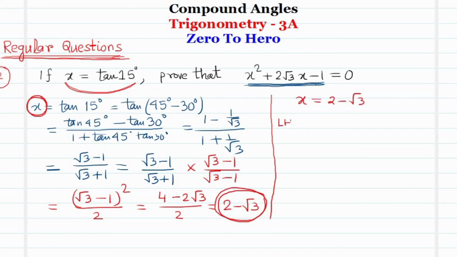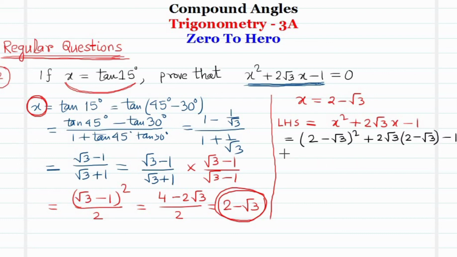And what is the left hand side here? X square plus 2 root 3x minus 1. We need to prove that it is equal to 0. So x square means 2 minus root 3 whole square plus 2 root 3 into 2 minus root 3 minus 1 equal to 4 minus 4 root 3 plus 3.